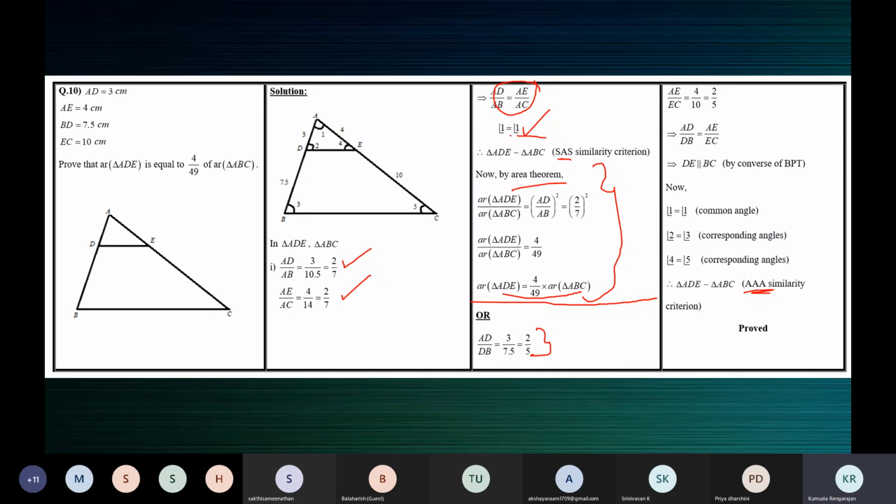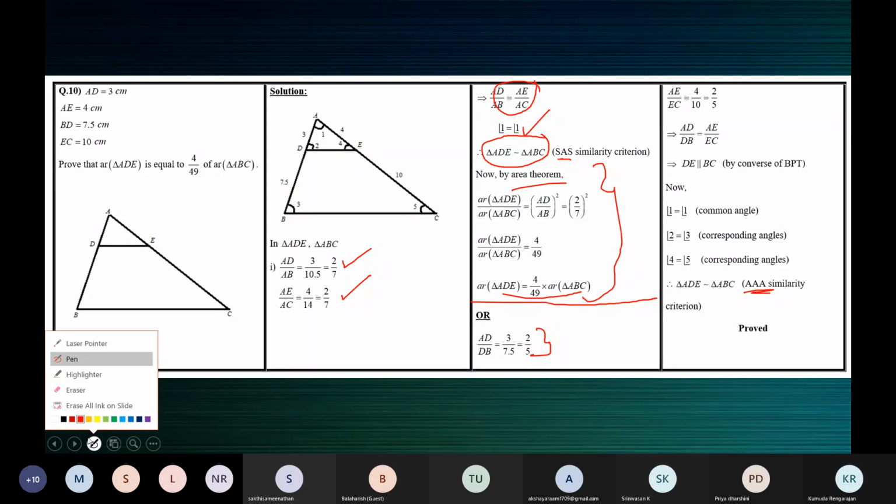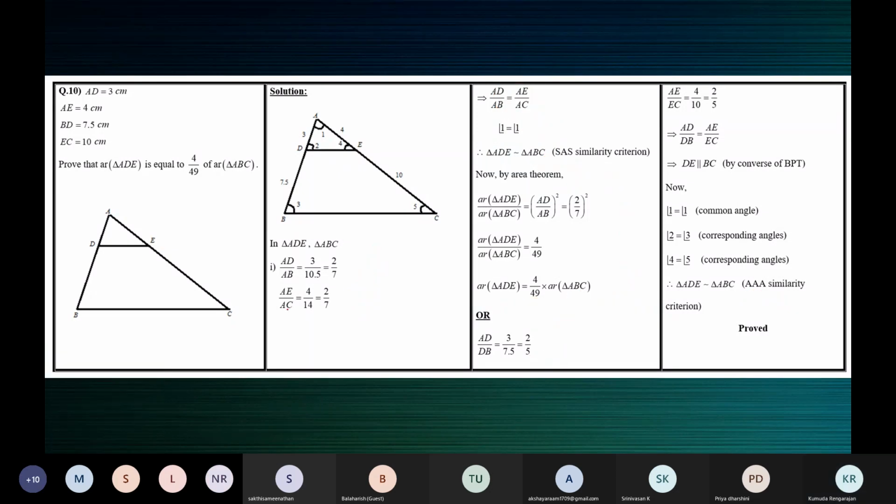To prove that these two triangles are similar, you can also follow this procedure. What procedure? Find AD by DB, which is 2 by 5. Find AE by EC, which is 4 by 10, which is also 2 by 5.